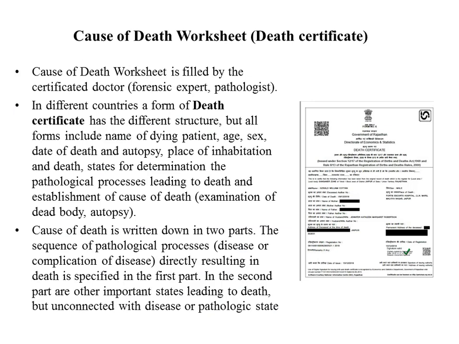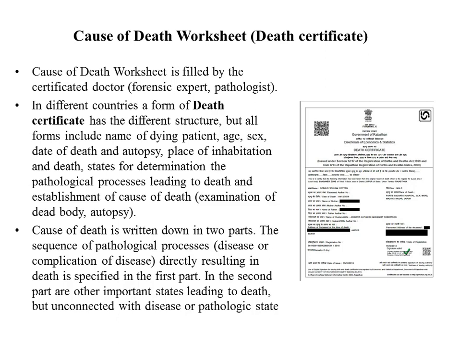Death certificate. A death certificate is filled out by a certified doctor, like a forensic expert or pathologist. In different countries, the form of the death certificate has a different structure, but all forms include the name of the deceased patient, age, sex, date of death and autopsy, place of residence and death, data for determination of the pathological process leading to death and establishment of the cause of death, and examination of the dead body, autopsy.